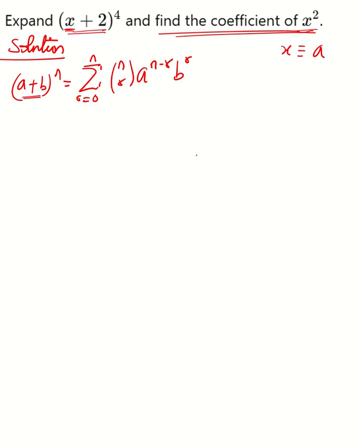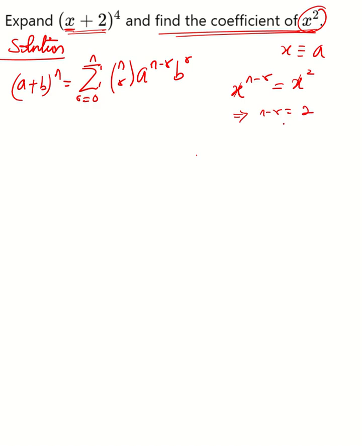So for x squared, it will be the term where a to the power of n minus r equals x squared. I can change that a to x, so x raised to n minus r equals x squared. By the law of indices, since the bases are equal, compare the powers. This simply means that n minus r is equal to 2.